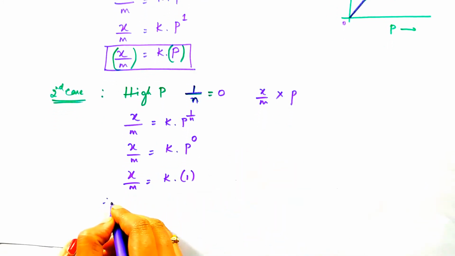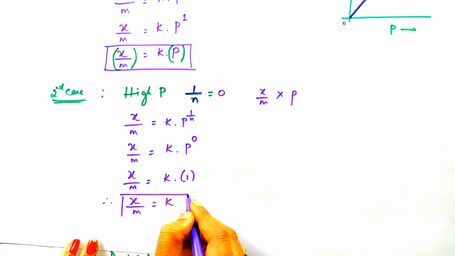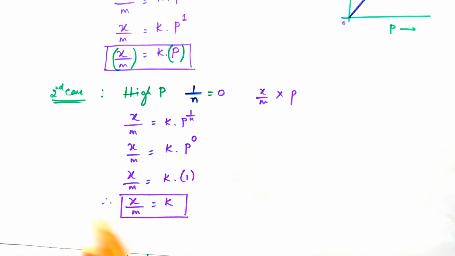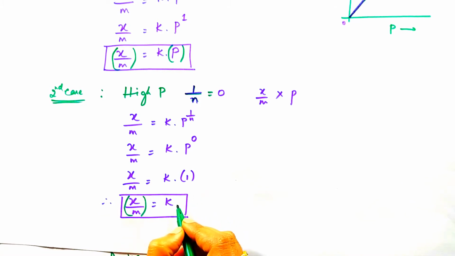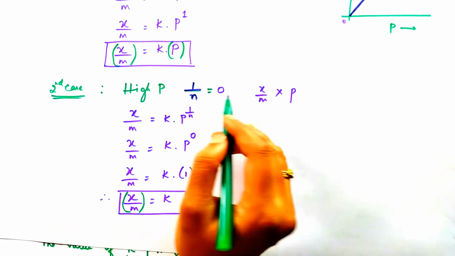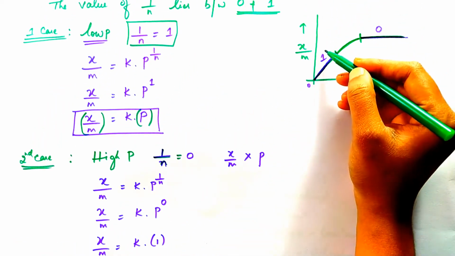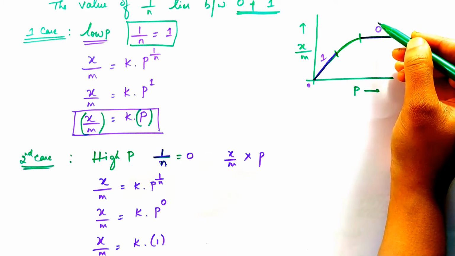Therefore, the equation becomes x by m is equal to k. What it indicates is that the extent of adsorption does not depend on pressure. It becomes constant. Therefore, 1 by n value is 0 at high pressure. First case, at low temperature it is 1 and at high temperature it is 0.